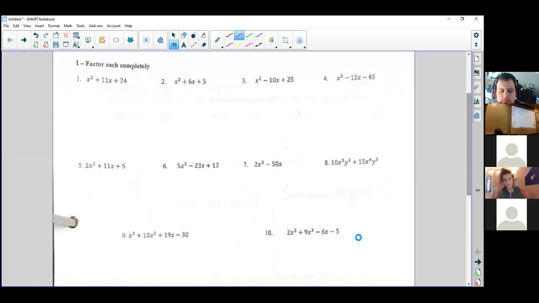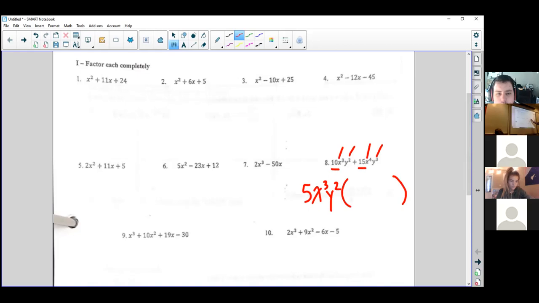Number 8 will not work with Desmos, and it won't work on your graphing calculator because there's 2 variables in there. If it was equal to a number, we could indeed solve it, but we just really truly want to factor it. You're going to look at the 2 and it's like, I have a 10 and a 15. I know a 5 can come out. I have x to the 3rd and x to the 4th, so I can factor a maximum of x to the 3rd out. I have y to the 2nd, y to the 3rd. I can factor a maximum of y to the 2nd out.